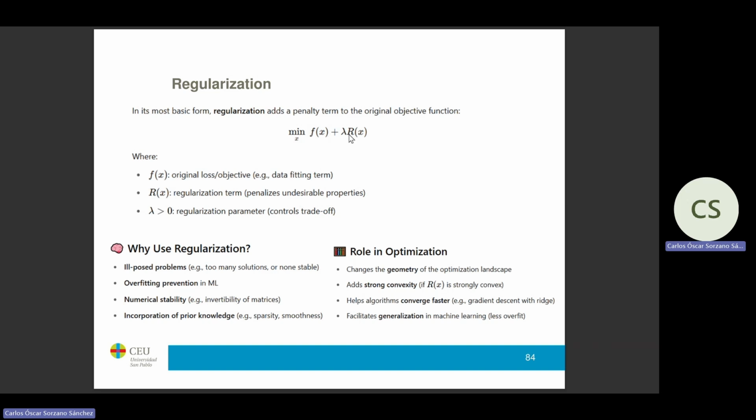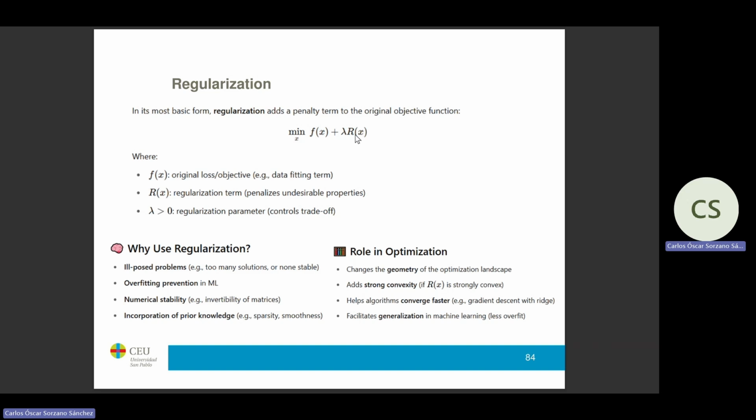So there are two reasons for adding regularization. Either to prevent bad behavior of F, like these ill-behaved problems, or for instance, in machine learning, you want to prevent overfitting because you know that the kind of solutions that you are looking for should not have high values.